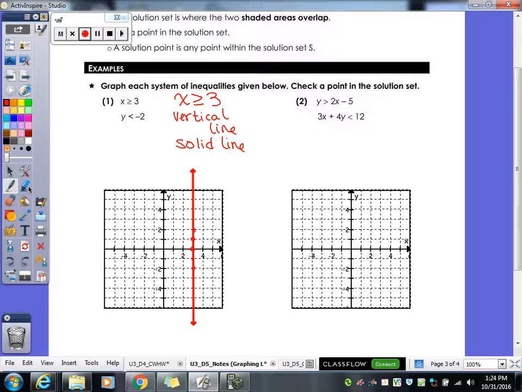Never could before I found that little thing. So again, we want it to be greater than 3. So am I going to shade towards 4, 5, 6 on the right side? Am I going to shade towards 2, 1, 0 on the left? To the right. So I'm just going to put some shading over here. And in my shading area, I'm going to put my label, x is greater than or equal to 3.